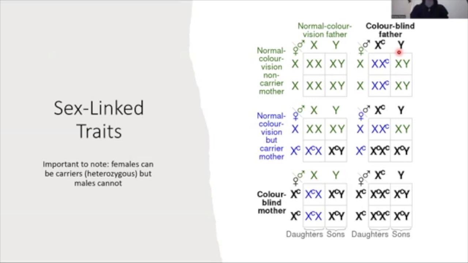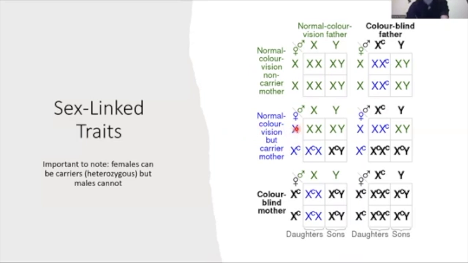Females can be carriers by being heterozygous, but males cannot. Notice right here, this is a female carrier because she has one recessive trait. The way that these people made the chart is that no symbol means dominant and a symbol means recessive.